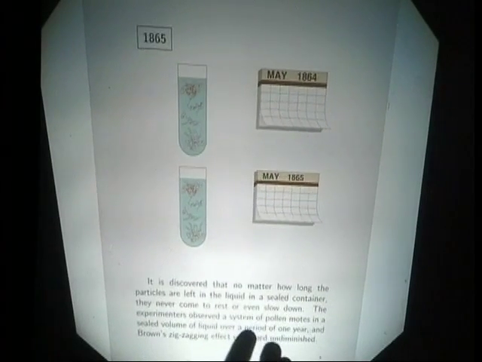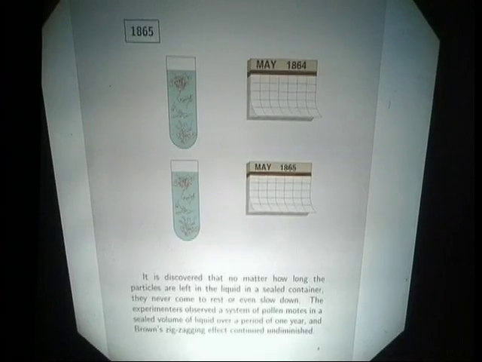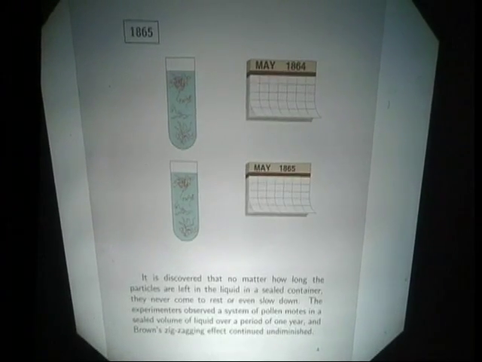And as the years went by, it was studied by various experimenters, and a lot of curious things were seen. One of them was that Brownian motion was not a transient effect.